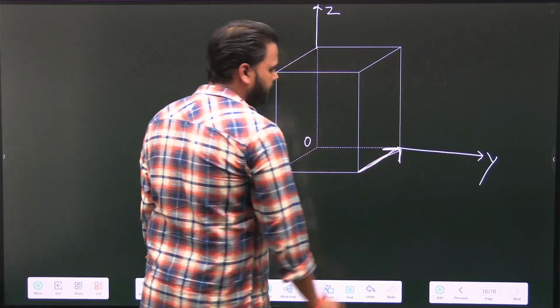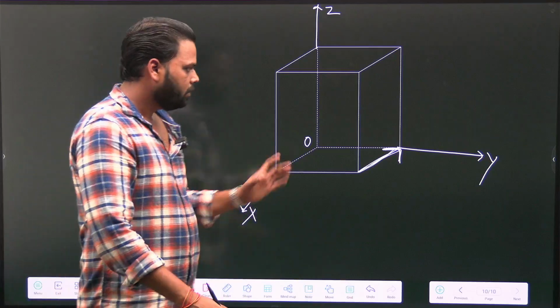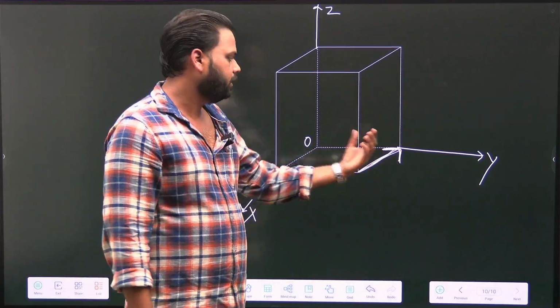What will be the Miller indices for this direction? The discussion will go like this. There is nothing more than that.